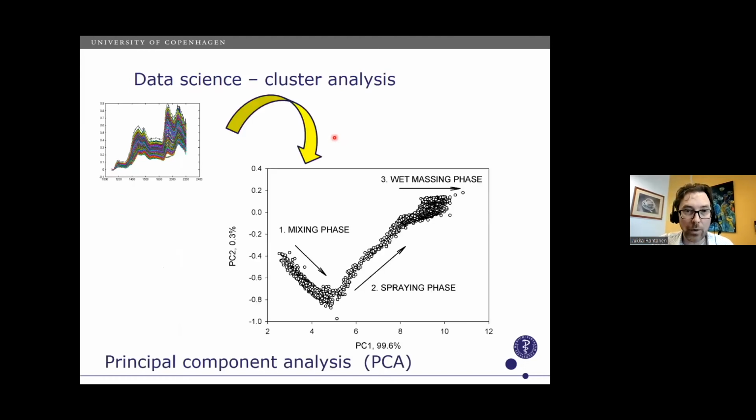And what we can do is that we do techniques such as principal component analysis. So one spectrum becomes one spot here in a principal component presentation, and all of a sudden everything is easier to follow. So we can see the mixing of powder, spraying of aqueous liquid, so water addition, and then a particle size increase. So this is all possible to monitor with the NIR probe, and then also control in the later phase.